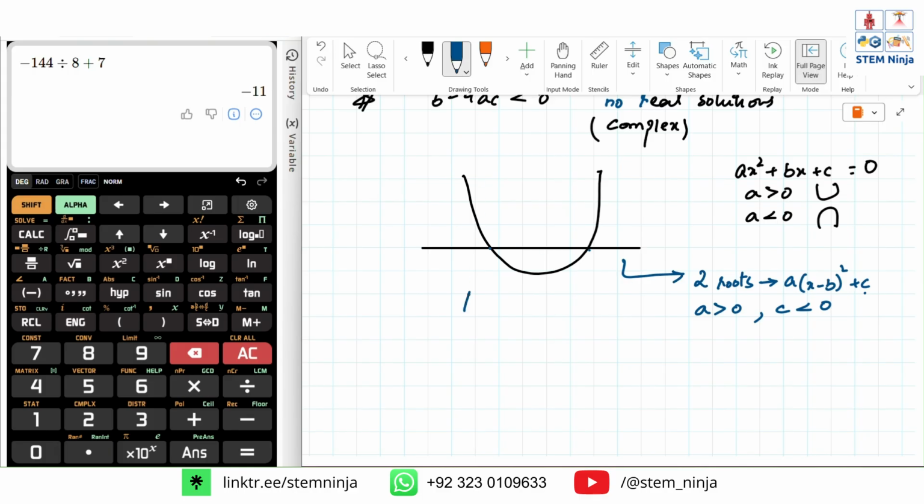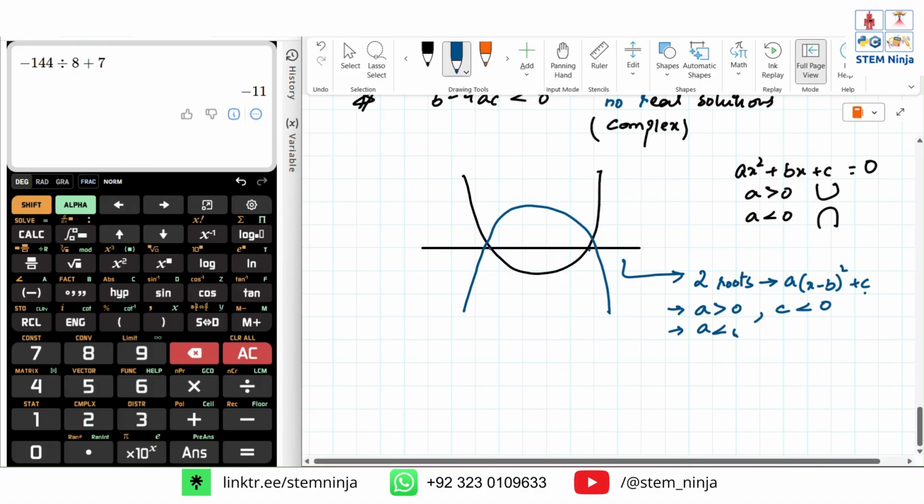And if we reverse this scenario, if a is less than 0, c would be greater than 0. So the vertex would be above the axis.